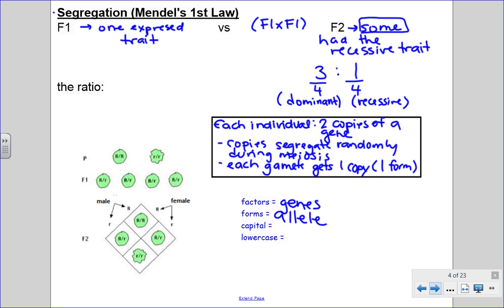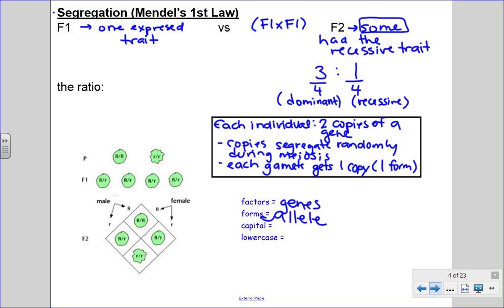Allele is the word that we use to represent a different version of the same gene. So for example, in pea plants, there was a gene to determine whether the seed is round or wrinkly. The round version is one allele. The wrinkly version is another allele. So the word allele literally means different forms of the same gene. He used the word form, we'll use the word allele, but they are referring to the same thing.